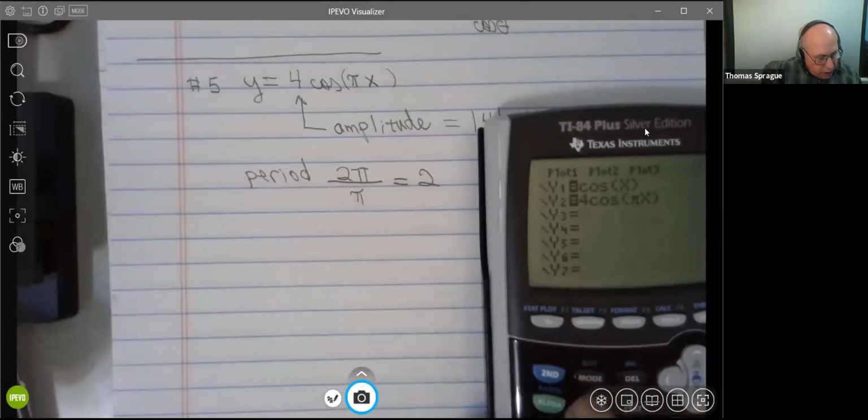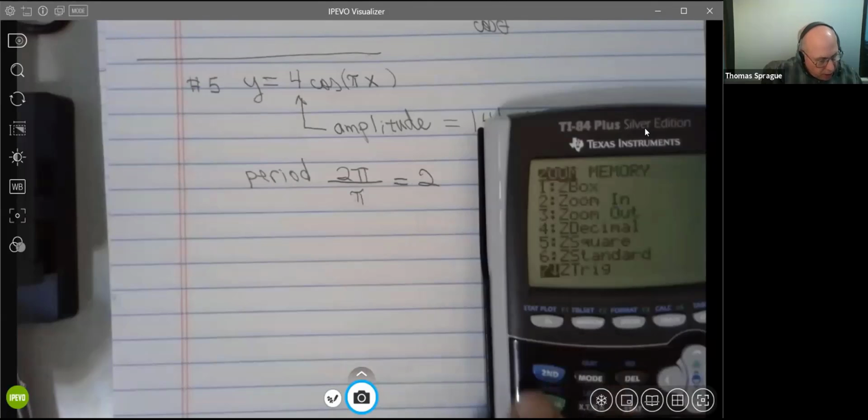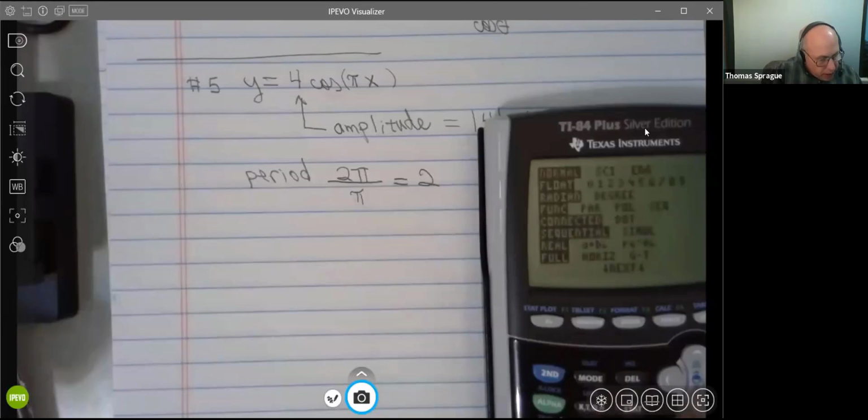And then I'm going to try the trig zoom. Oh, I better check my mode here. Radian is fine and function is good. Okay, zoom, trig.